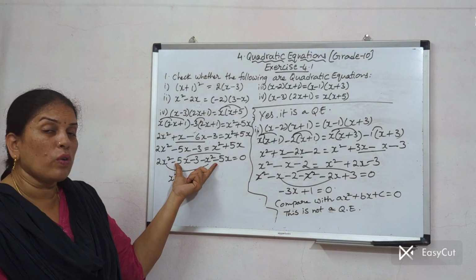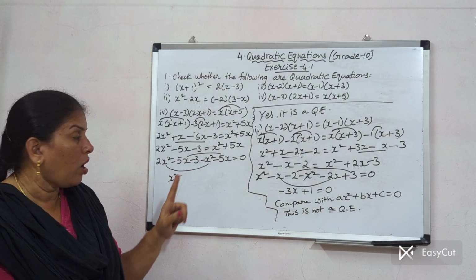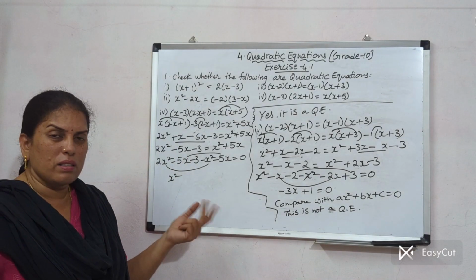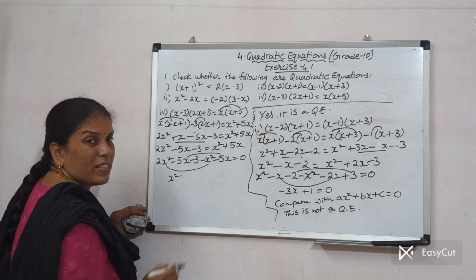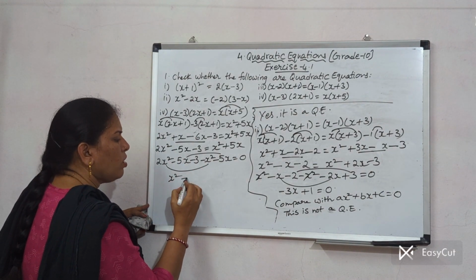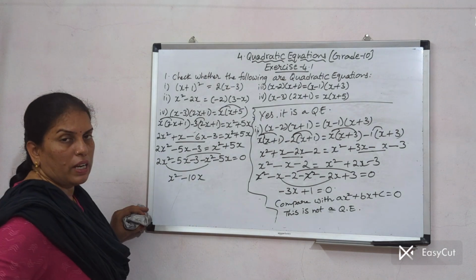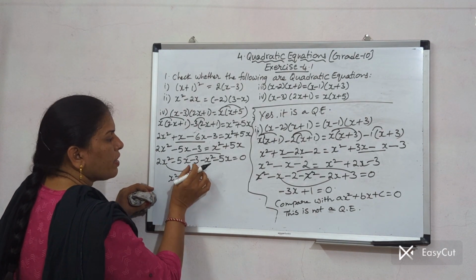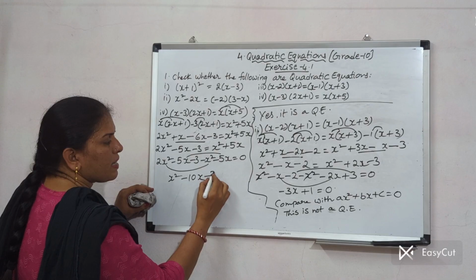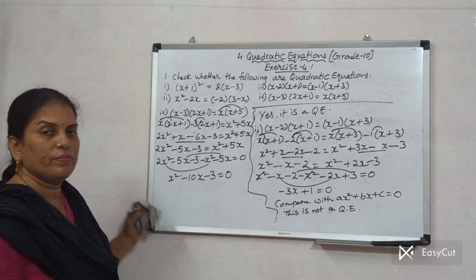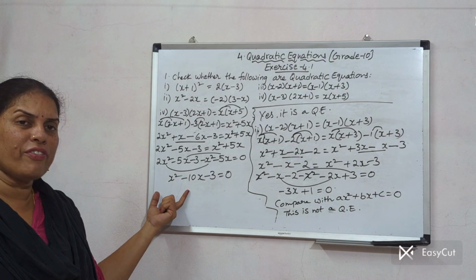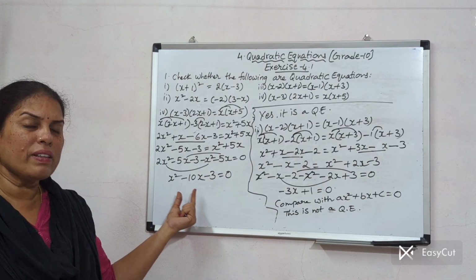Now, these two. Same signs are there, which means, as I told you, you must add. Minus into minus is plus. You must add. 5 plus 5 is 10. Both have minus sign, so minus 10x. Understood? Now, what is the constant? Only minus 3 is there, equal to 0. Now, this is the final equation. We will compare with the standard form.